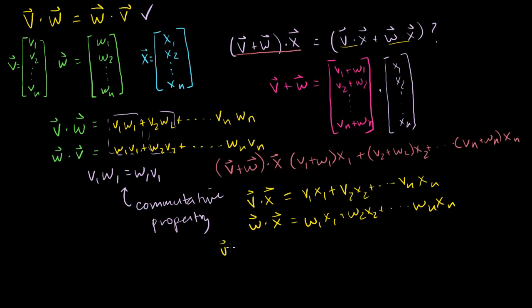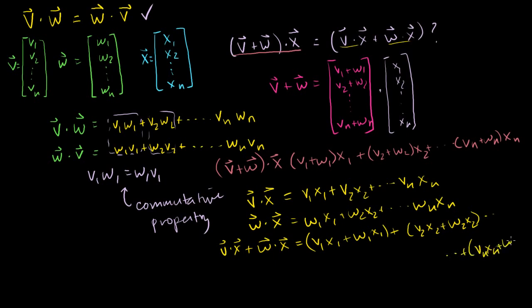So v dot x plus w dot x is equal to v1 x1 plus w1 x1 plus v2 x2 plus w2 x2 all the way to vn xn plus wn xn. I know it's very monotonous, but you can immediately see we're just dealing with regular numbers here.